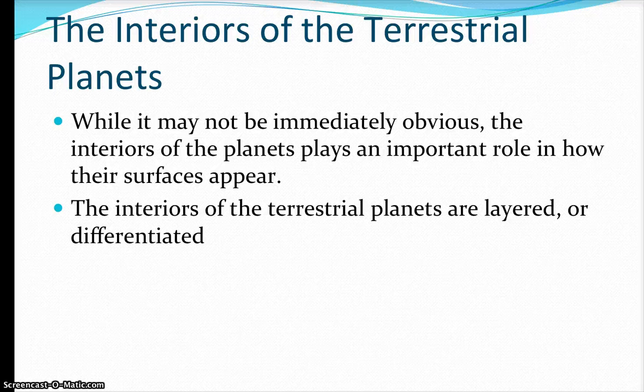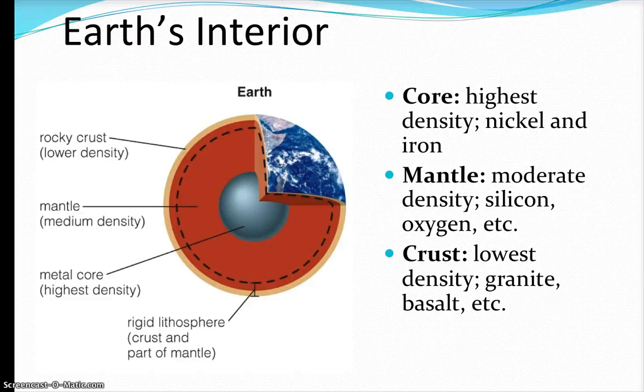We're going to see that the interiors of the terrestrial planets are layered, or differentiated. Here's a picture of the Earth's interior where we see this differentiation. The three major areas of the Earth's interior are the core, the mantle, and the crust. We're starting at the very center with the core, where the highest density material is.